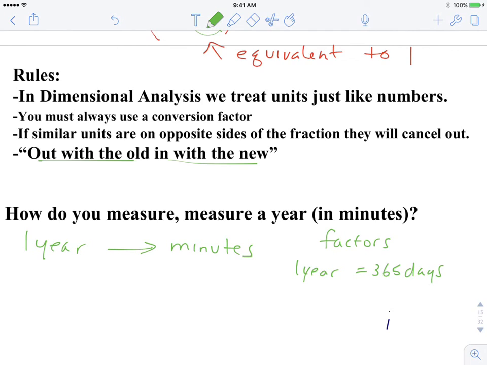I also know that in 1 day, there are 24 hours. I also know that in 1 hour, there are 60 minutes.